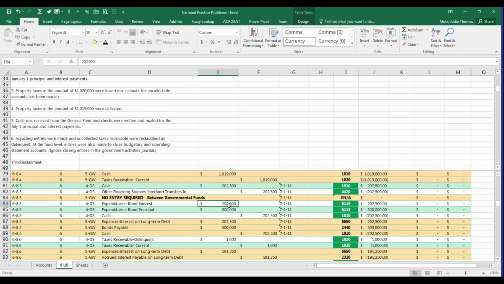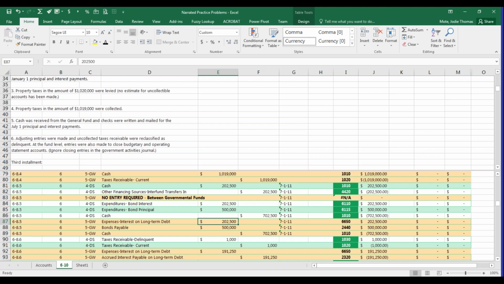Now we're going to actually make the payment of interest and principal. And so you see $702,500 going out the door, which is made up of $500,000 of principal and $202,500 of interest payments. In the government-wide journal, it's going to look similar this time because we're in the middle of the year, so we haven't accrued any interest payable.